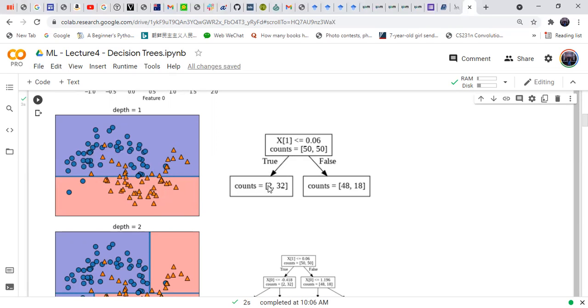In the first split, on the lower side, 2 points belong to class 0 and the other points belong to class 1. And on the upper side, class 0 contains 48 points, and class 1 contains 18 points.